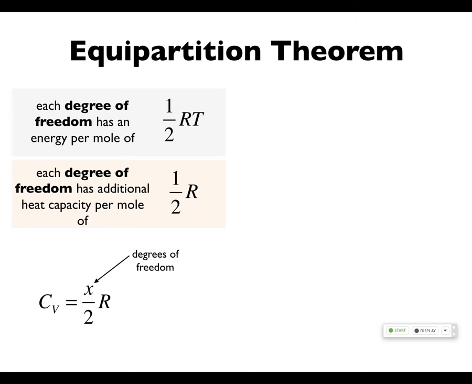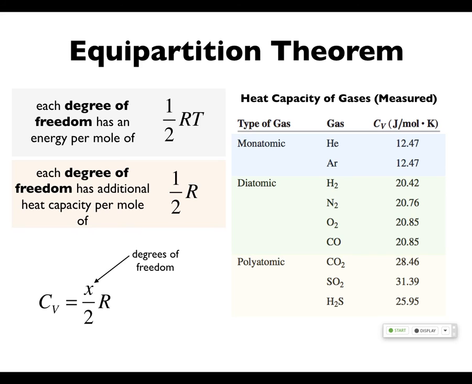Here's a list of our standard heat capacities. For monatomic gases, can they rotate really? Does it matter if they rotate? No, they're pretty much spherically symmetric, so rotation isn't counted. That means you end up with just translation. How many degrees of freedom of translation do you have? 3.